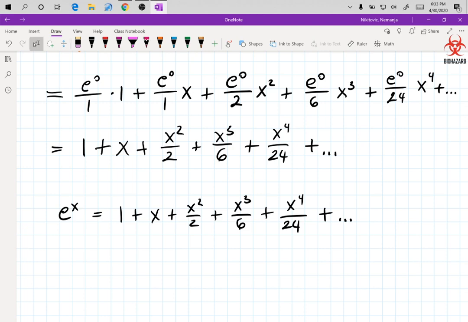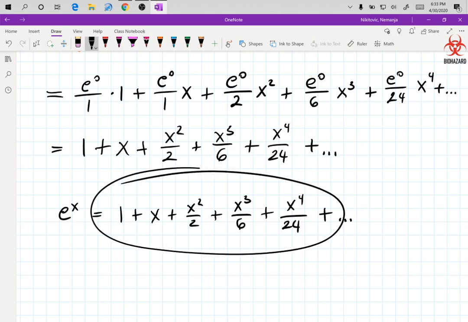So if I want to compute certain things and I don't have a calculator, let's say you want to compute the value of e to the 0.3, we can use this to plug in 0.3 and get a pretty good answer just by calculating these things with a stick and a sand, right?